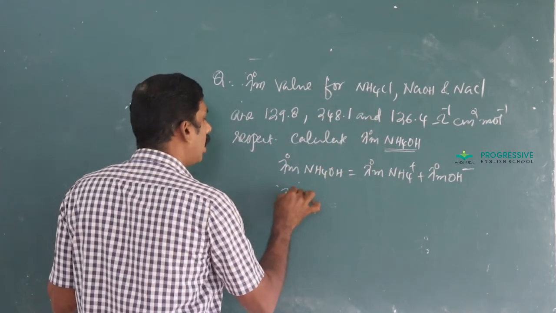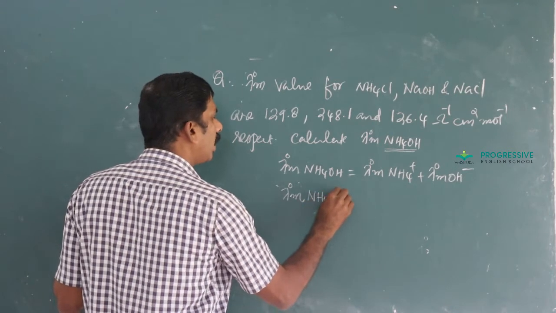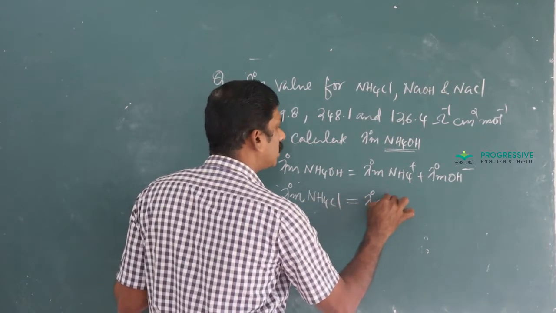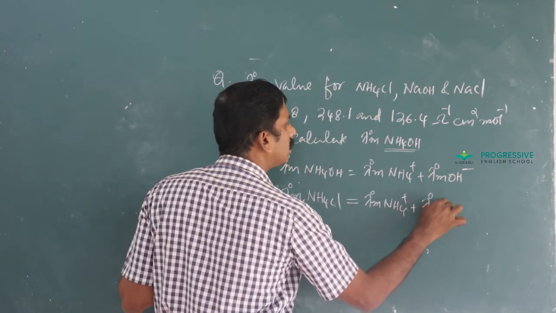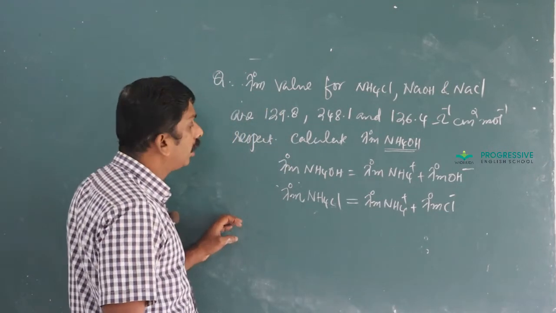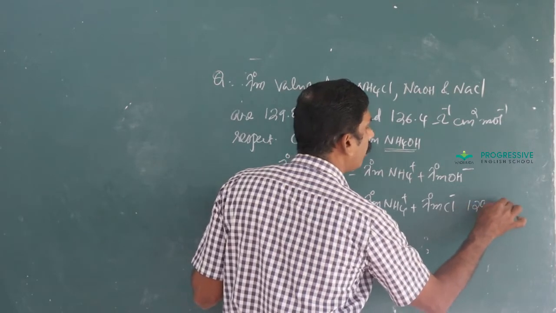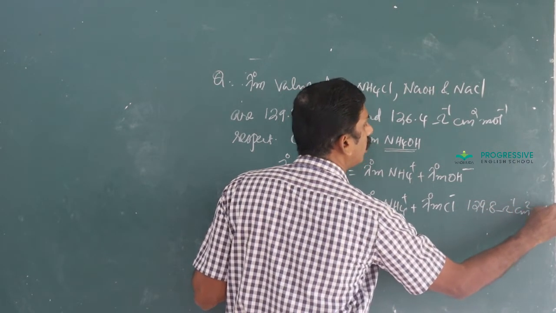First one, lambda 0m NH4Cl, applying Kohlrausch's law, becomes lambda 0m NH4 plus plus lambda 0m Cl minus, equal to 129.8 ohm inverse centimeter square mole inverse.